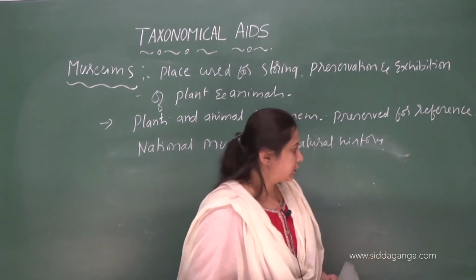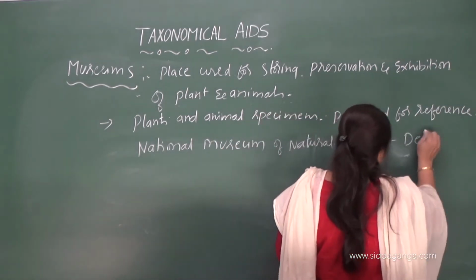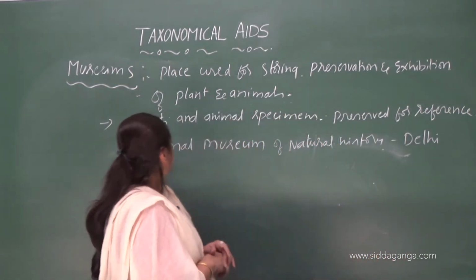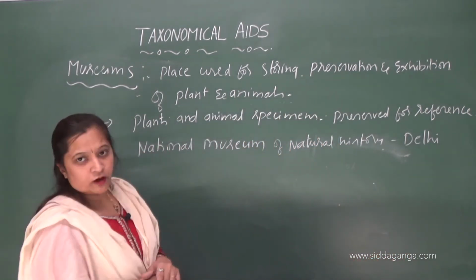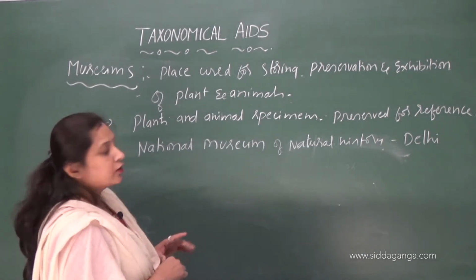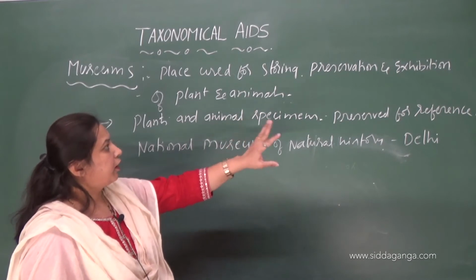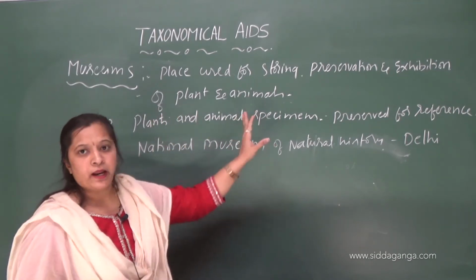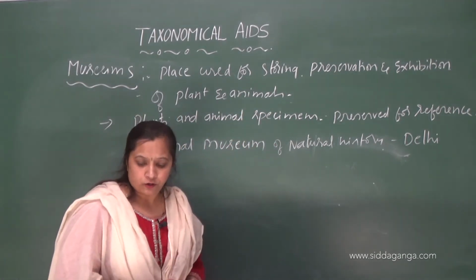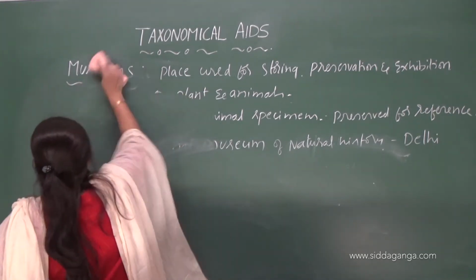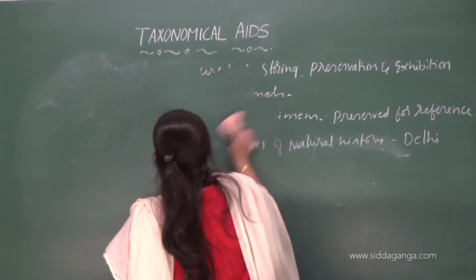It is located at Delhi. So you have come to know what museums are. These are the places used for storing, preservation and exhibition of plants and animals. Understood? Okay. We'll move on to the next taxonomical aid, that is zoological parks.